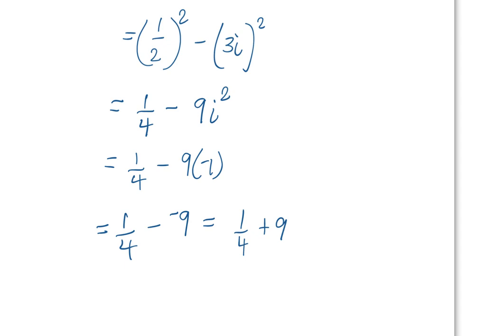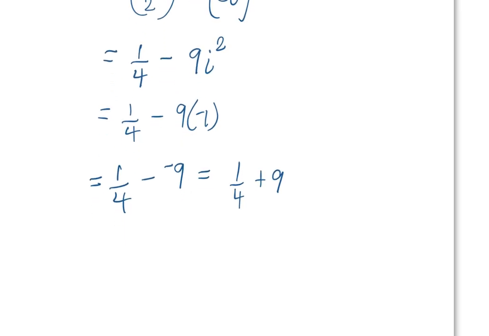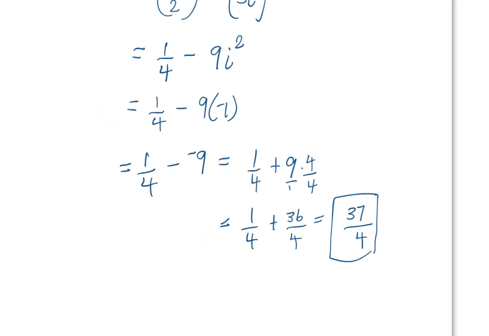And you can do that in your calculator, or to do it by hand, we're going to get a common denominator, which would be 4. To make 9 have a denominator of 4, multiply it by 4/4, which is 36 over 4. So keep your denominator, add your numerators, 37 over 4. And our i squared was negative 1, so there's really not an imaginary part of this left.